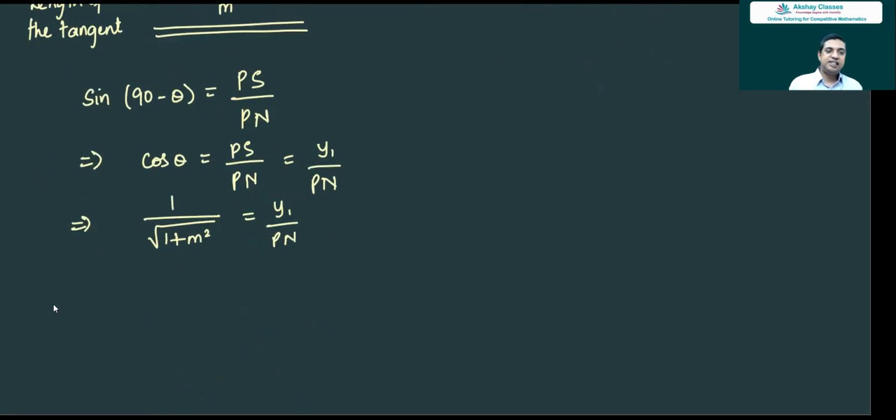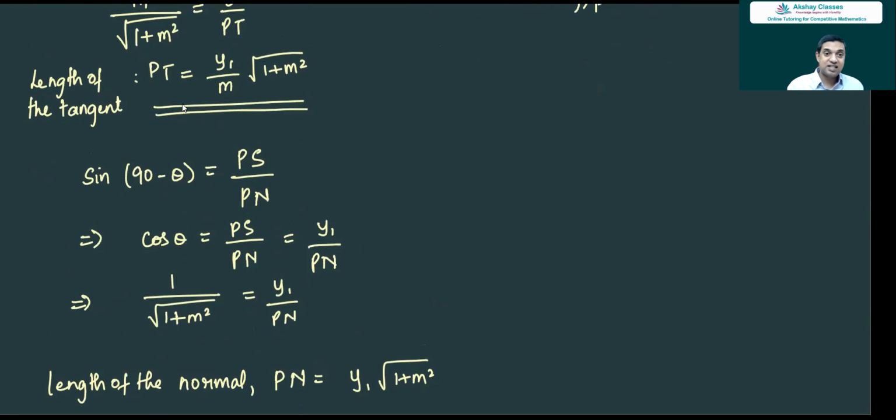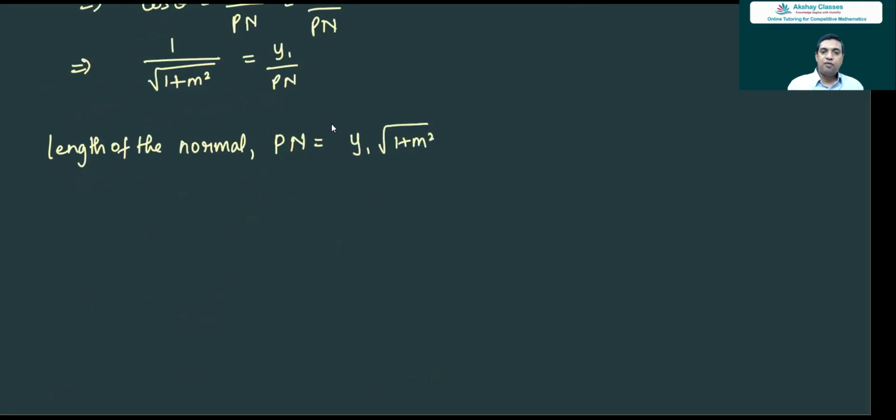So what we get is the length of the normal PN is y1 into root of 1 plus m square. Of course, because we are talking about lengths, we must emphasize here that we'll have to take the modulus, because we have to omit the sign when we talk about lengths.